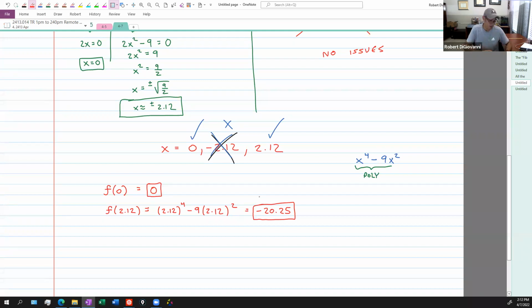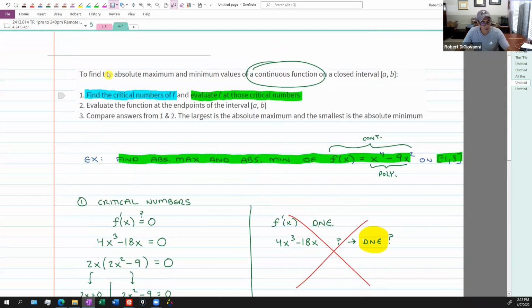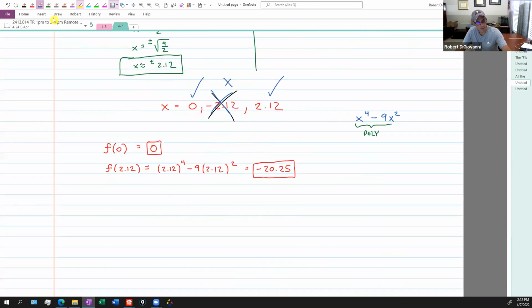All right, hang tight. Let's see where we're going with this. We found the critical numbers, and we evaluated our function at those critical numbers. Step 1's done. Step 2, evaluate the function again, but at the endpoints of the interval. So I'm going to evaluate the original function at the 2 endpoints.